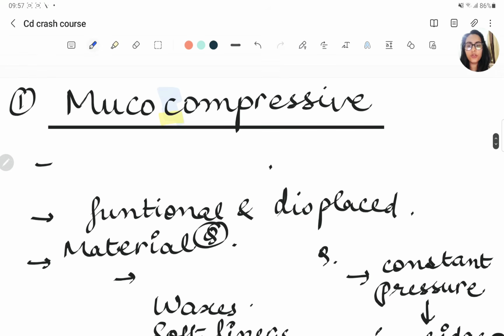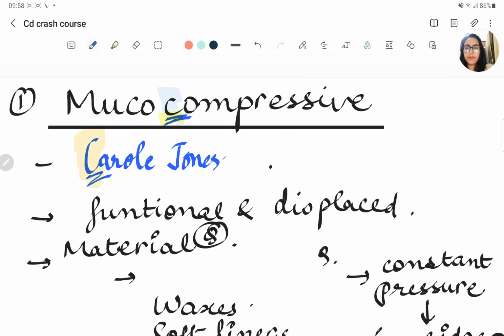Then we have the theories of impression making. The mucocompressive theory is given by Charles Jones, so Carl Jones. C for muco means mucosa, C for compression, right? And then you can remember it, Carl Jones. So from C you can remember.